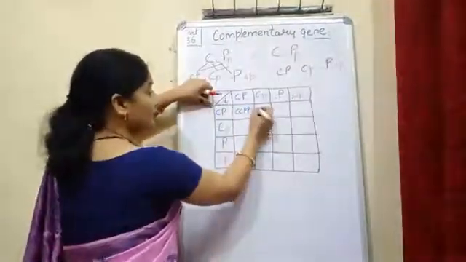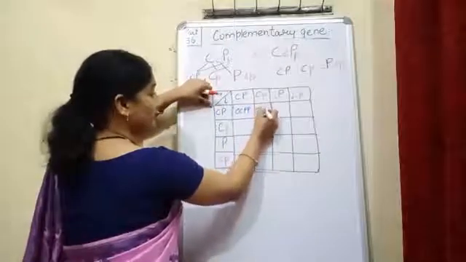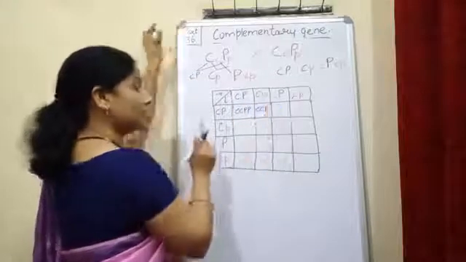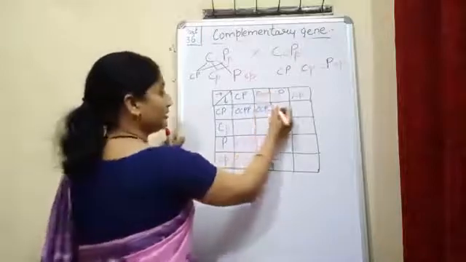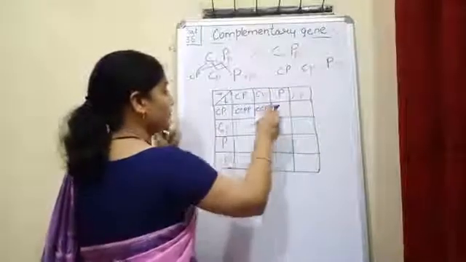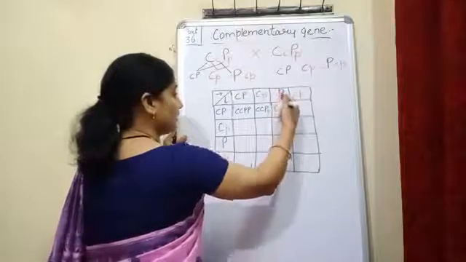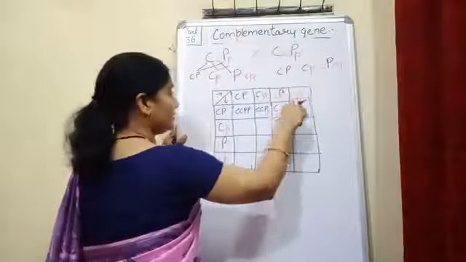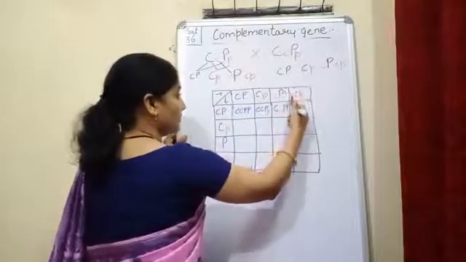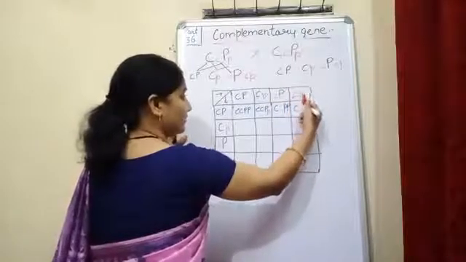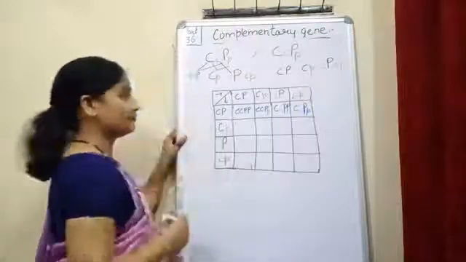Here, the result will be capital C, capital P, and small p. Here the result will be capital P, capital C, small c, capital P, and capital P. Again, capital C, small c, capital P, and small p.